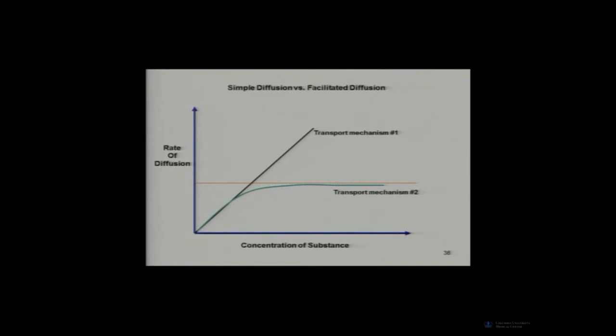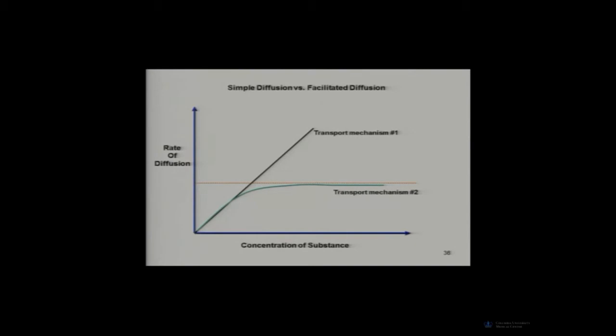Now, there are two transport mechanisms represented by two different lines. The black line is just a straight line moving off into infinity, as you increase the concentration, the rate of diffusion increases.